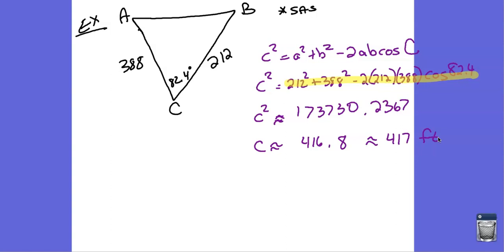Once you know angle C and you know side C, which we just now found, now we have a pair, so we could use the law of sines to find angle A or angle B, and then from there you can easily solve the entire triangle.